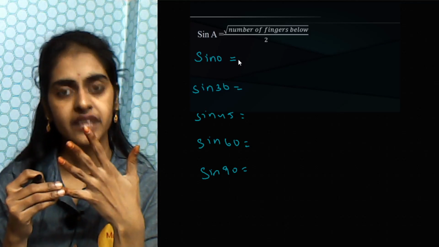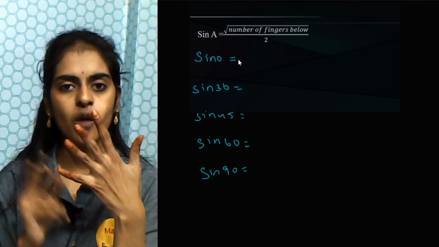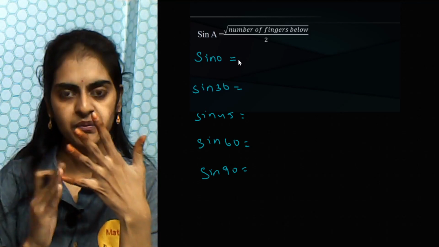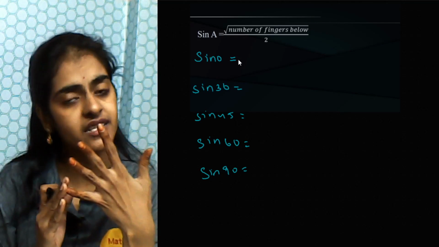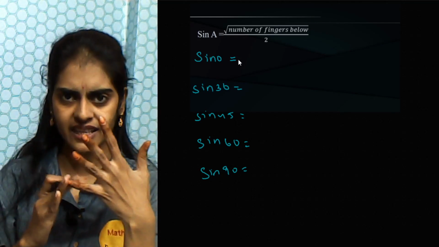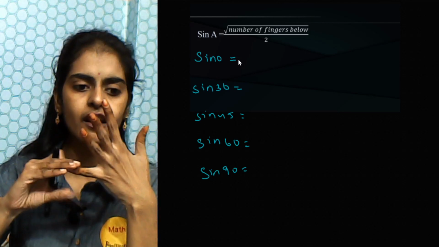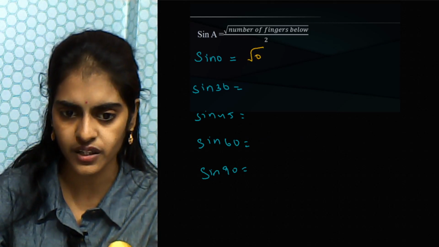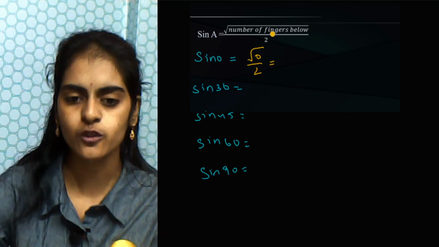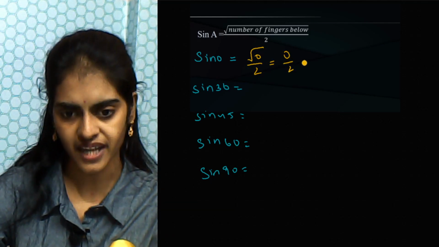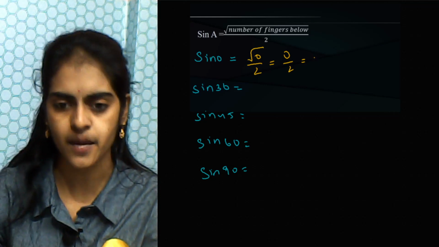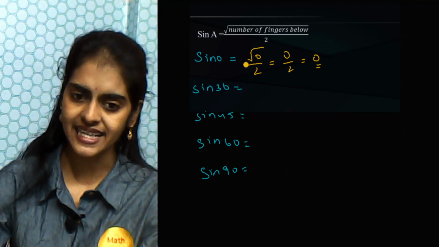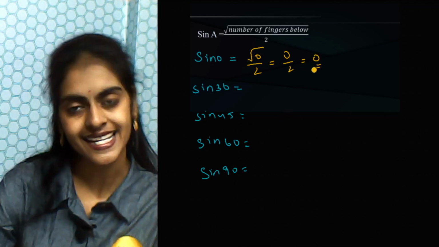It is the number of fingers below. How many fingers are below this little finger? 0 fingers. Below this little finger there are no fingers. So this is under root 0 divided by 2. Root 0 is 0, divided by 2. 0 divided by any number gives you 0. So sine 0 you got as 0.